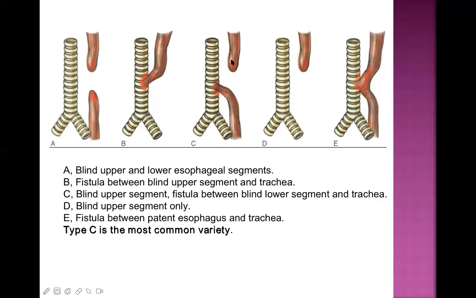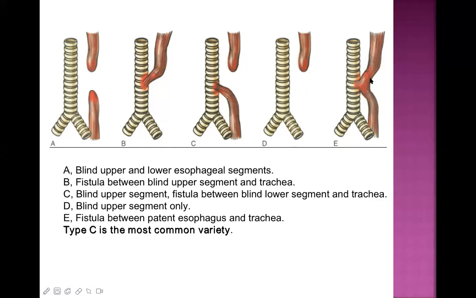After this tube is completely filled with the milk, it will trickle anteriorly to the airway. This is D. There is no lower part of the esophagus at all, only the upper part is there, and it is blindly ended. Aspiration can occur here as well.